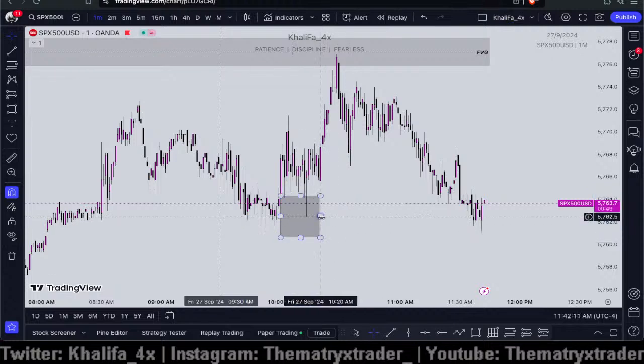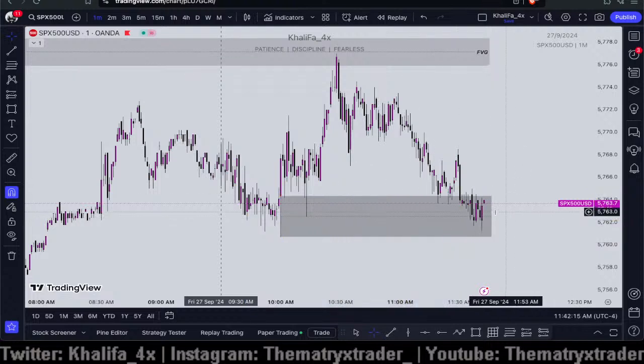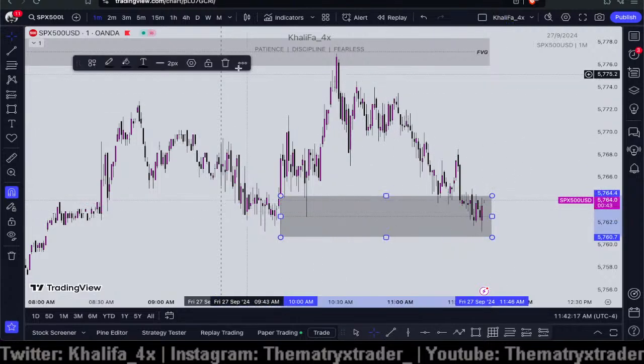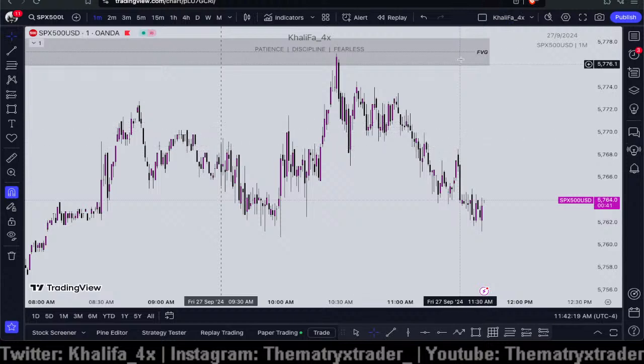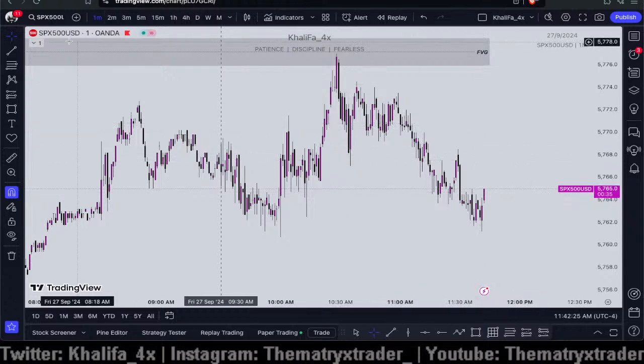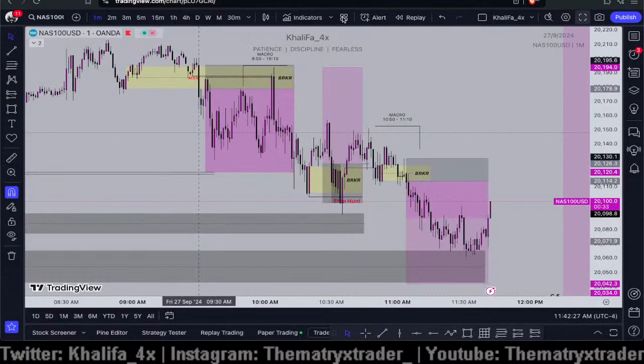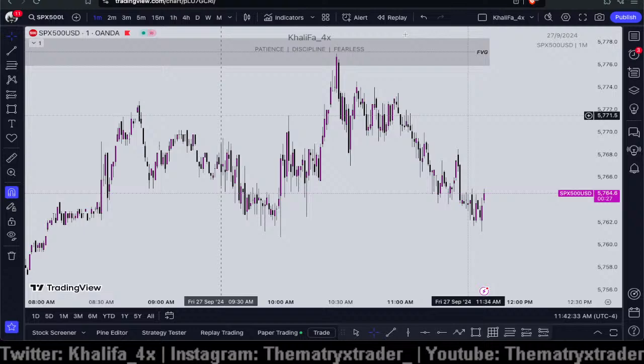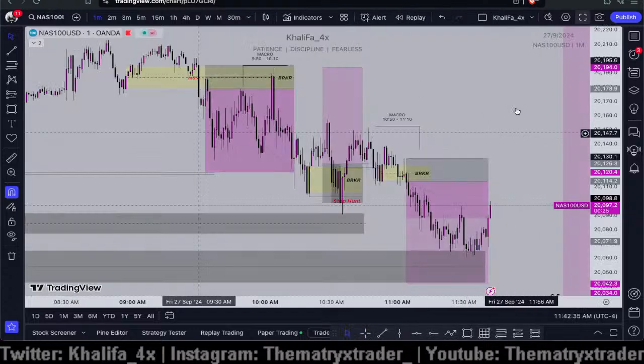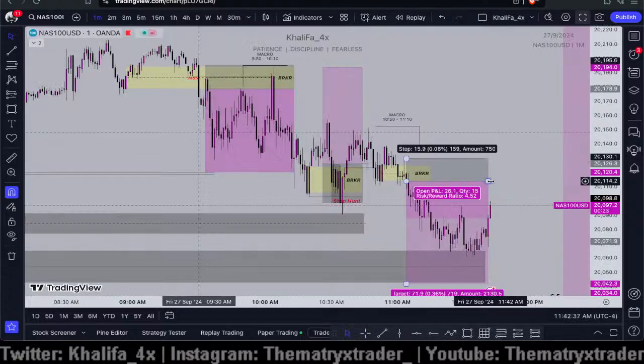Now we have already hit the consequent encroachment for this. We still have some move towards upside.